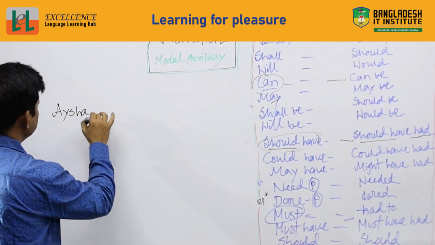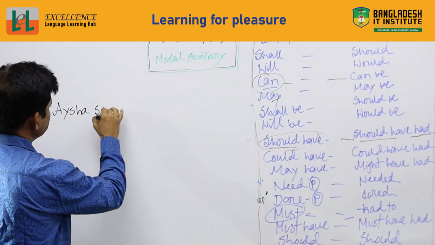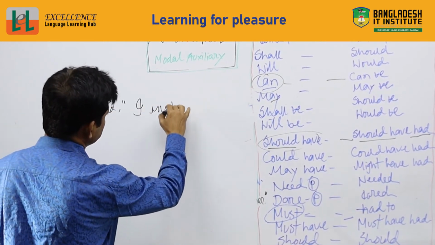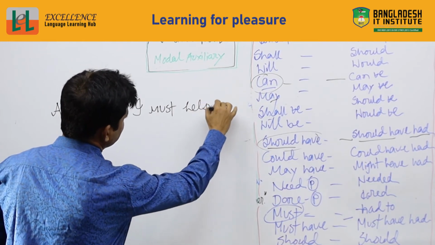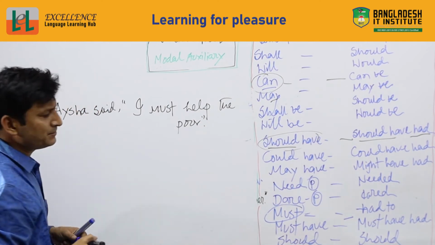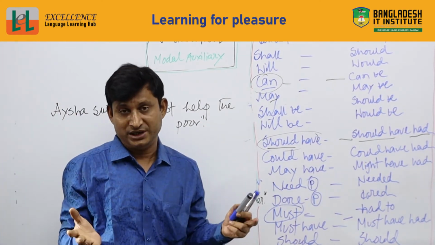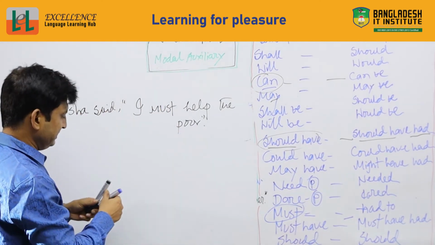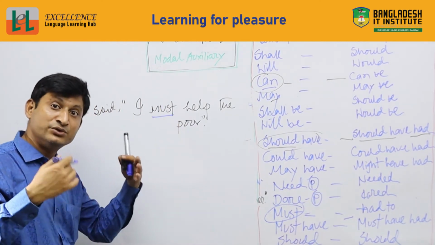Aisha said, I must help the poor. Well, so have a look. I must help the poor, but this is not mandatory. This is her own choice. So in that case, must will change into had to.